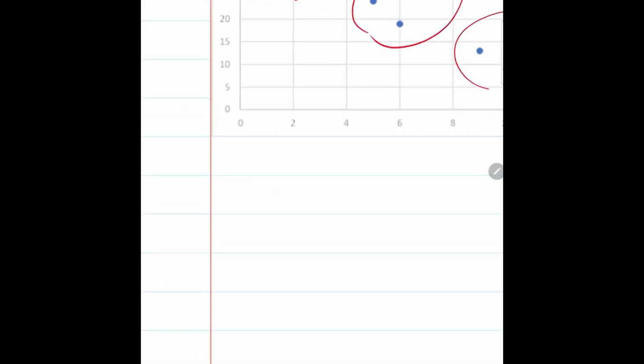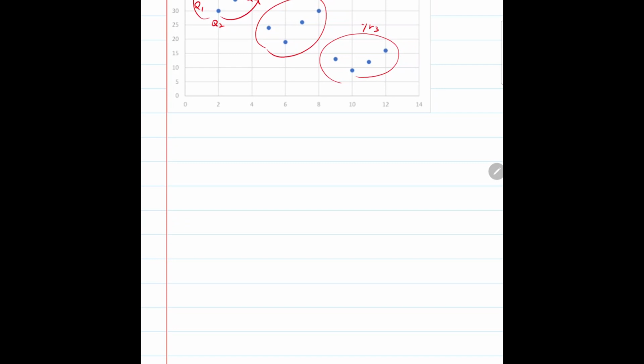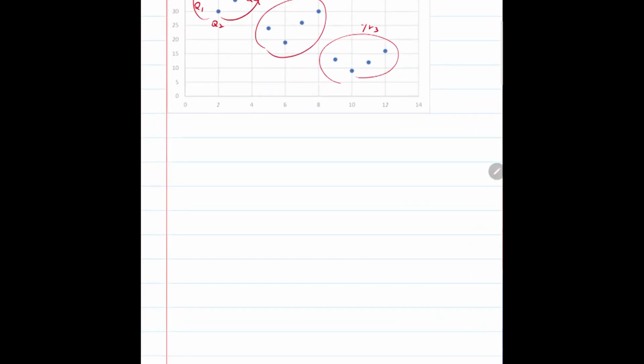So let's draw the chart. It's moving weird. Oops. Let's drop here 1. It's 35.